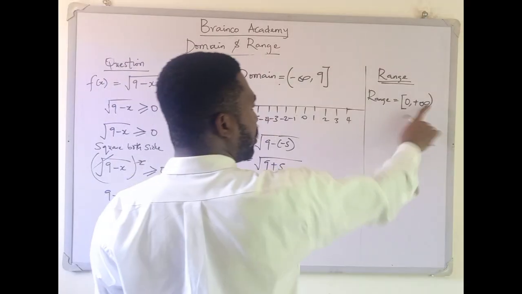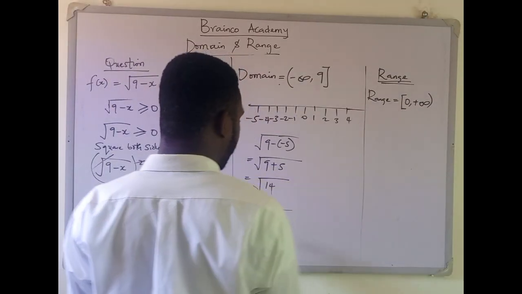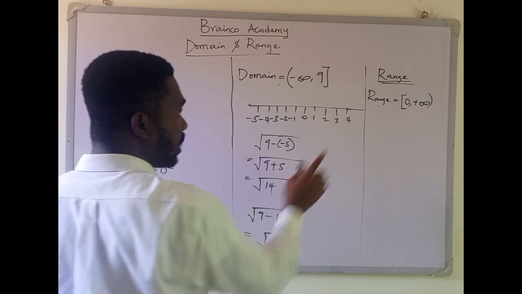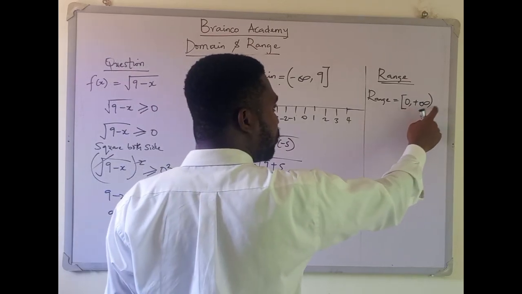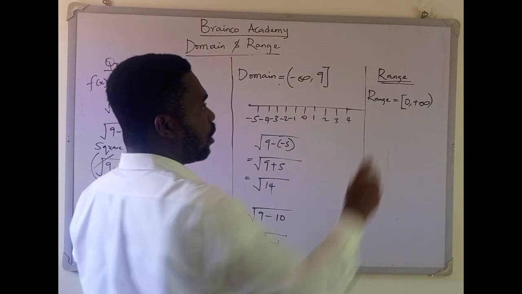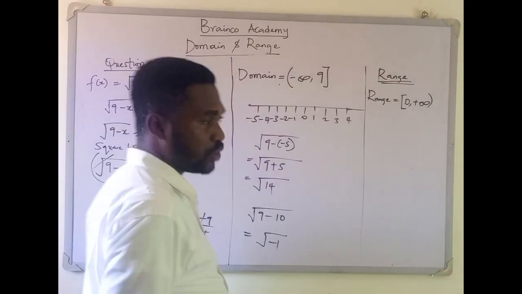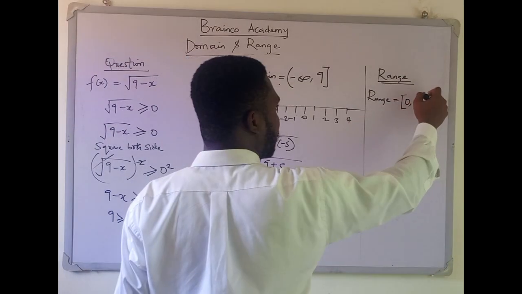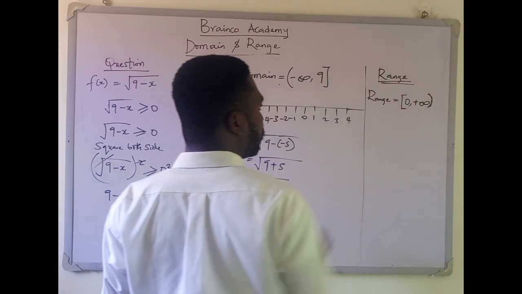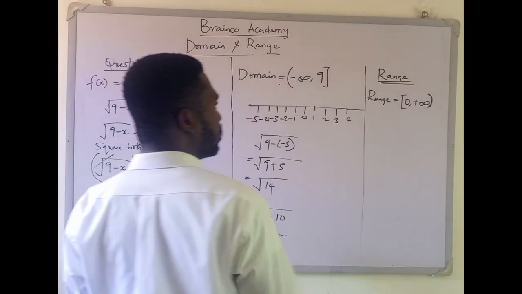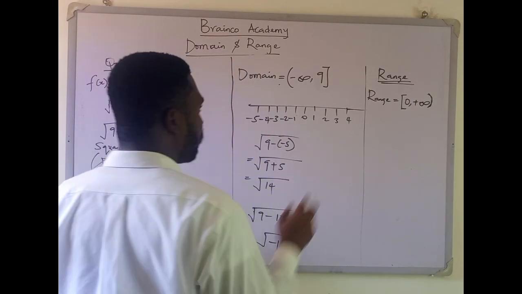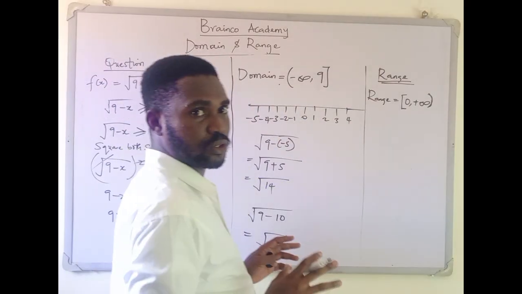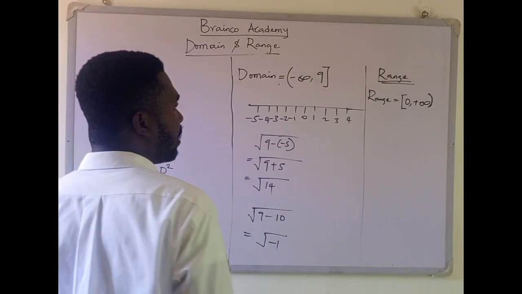Remember, the reason we're using this closed bracket is because of the greater than or equal to, and the open interval is used because of the infinity sign. This way of representing the range and domain is called interval notation.